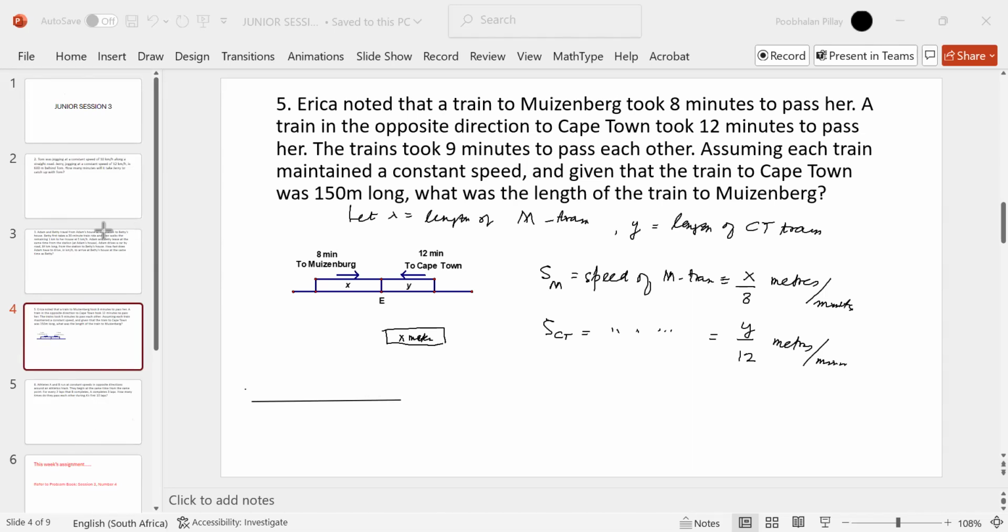It means that if Erika is standing and watching these trains, suppose we put the trains next to each other like that, and then you do that. And this is the Muizenberg train.